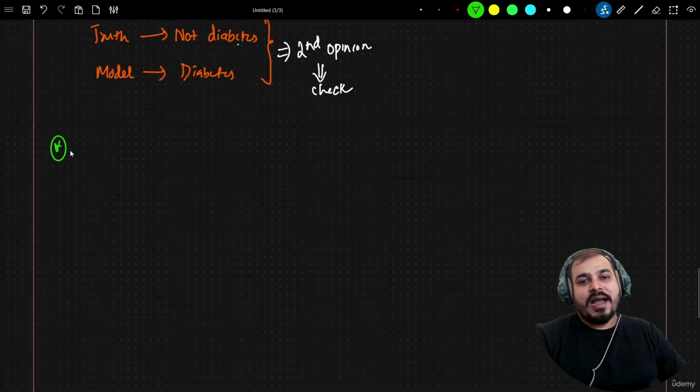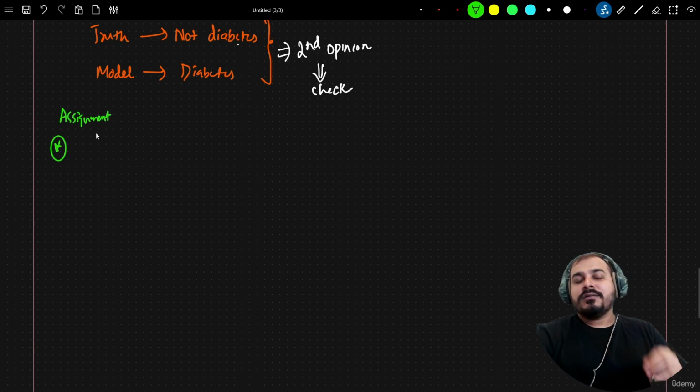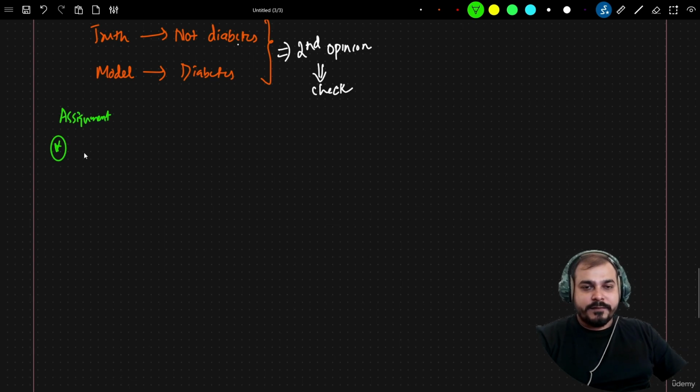Then you try to do it as an assignment, and probably write down the answer in the comment section. What if my model wants to predict whether tomorrow the stock market will crash or not?